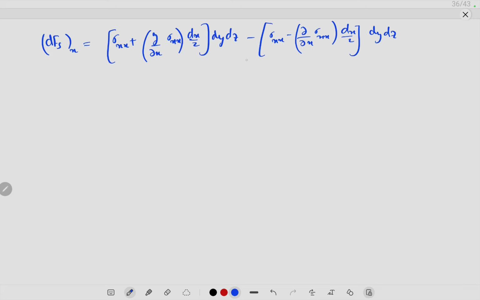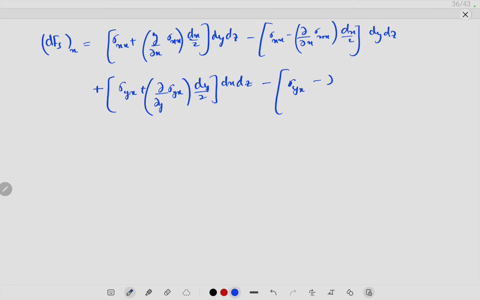So these were my first surface and second surface. The force because of the stresses on the first and second surface along x-axis, plus now if I consider other surfaces which have a normal vector pointing in the y direction, I will get, actually not tau but sigma yx plus del by del y of sigma yx dy by 2, and the area will be given by dx dz, minus sigma yx minus del by del y of sigma yx dy by 2 into dx dz.